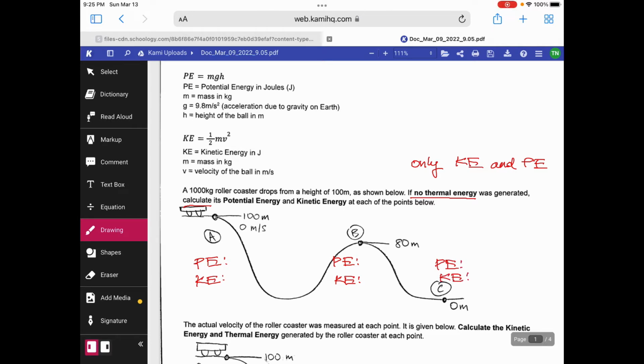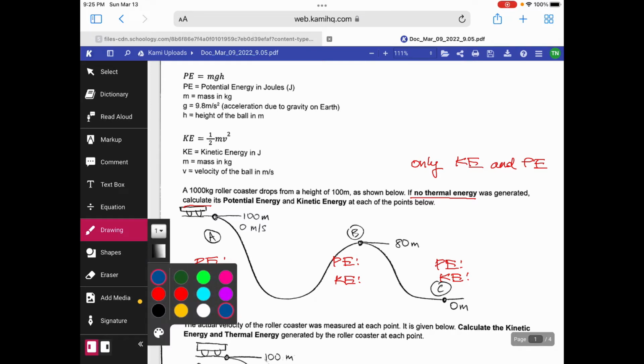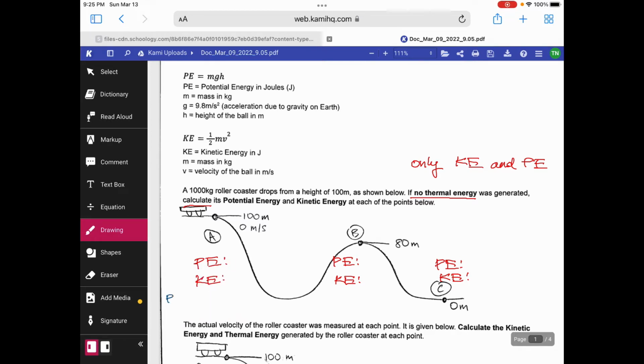Okay, so let's start by finding the potential energy of the cart at point A. So potential energy equals m for mass times g for the acceleration due to gravity, which is always just 9.8, times h.